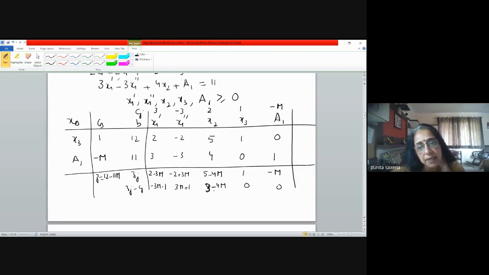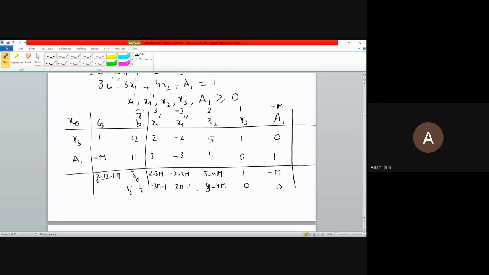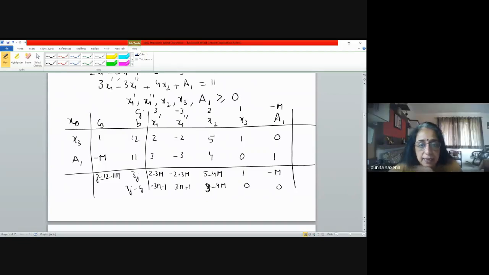Put M 100. Any value, put M 100, 1000, whatever you like. X1? Ma'am, x2 only. X2. Still x1 dash? Maybe x1 dash. Put M 100 and compute both these values.